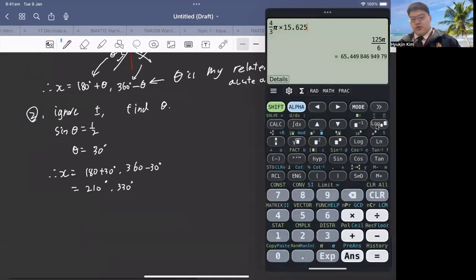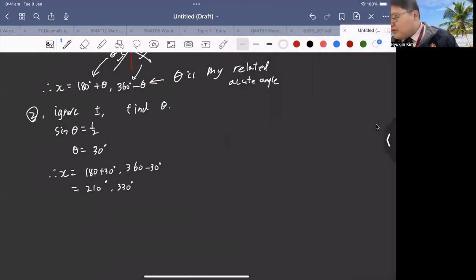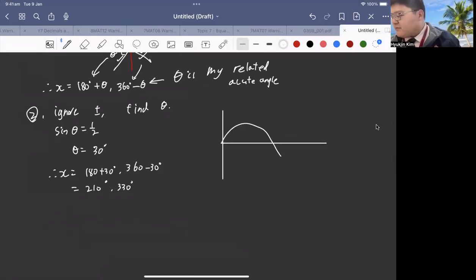If you are unsure, you can always chuck it in a calculator with some radians. Sine of 210 is -half, sine of 330 is -half. Two answers. And let's see, does it make sense? Well, let's test it. The sine graph is supposed to look like this, 180, 360.